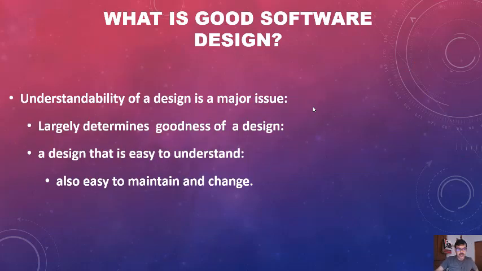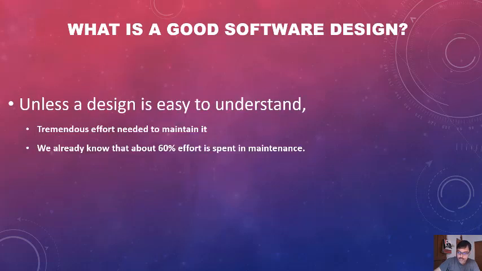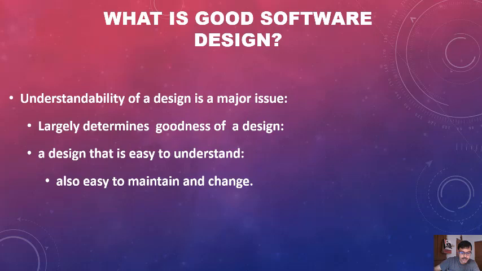Now, understandability of a design is a major issue. It largely determines the goodness of a design. A design that is easy to understand is also easy to maintain. To achieve this understandability, we may use modularity. When we are doing modularity, we can use clean composition.